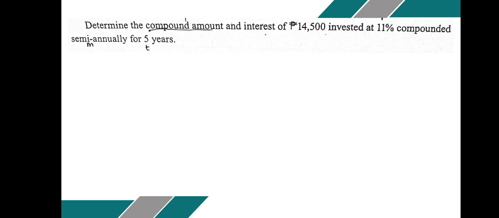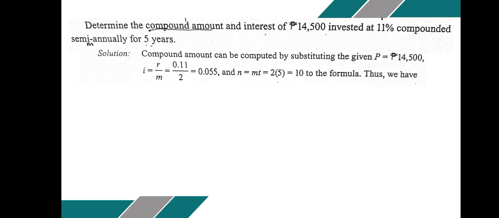Determine the compound amount and interest of 14,500 pesos invested at 11% compounded semi-annually for 5 years. So, what are our given here? Since we're looking for the compound amount, of course, let's first determine the given. The given here is P, or your principal, which is 14,500 pesos.